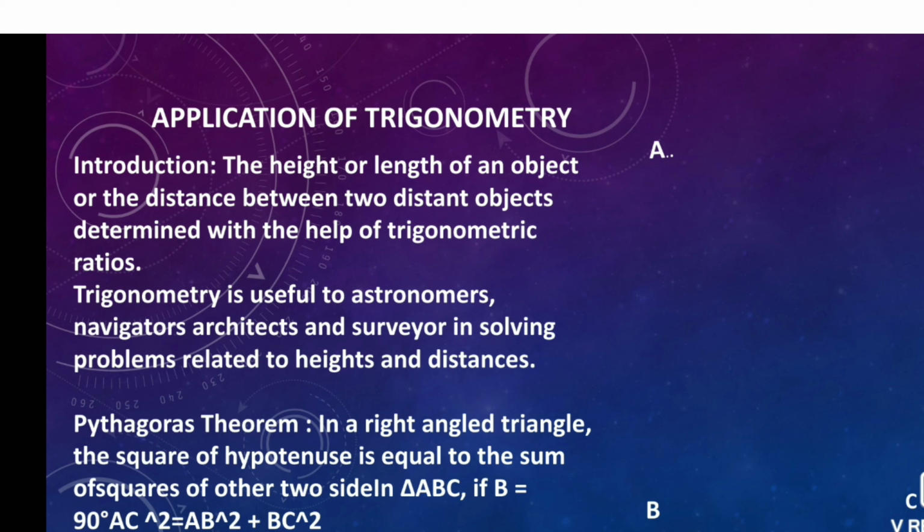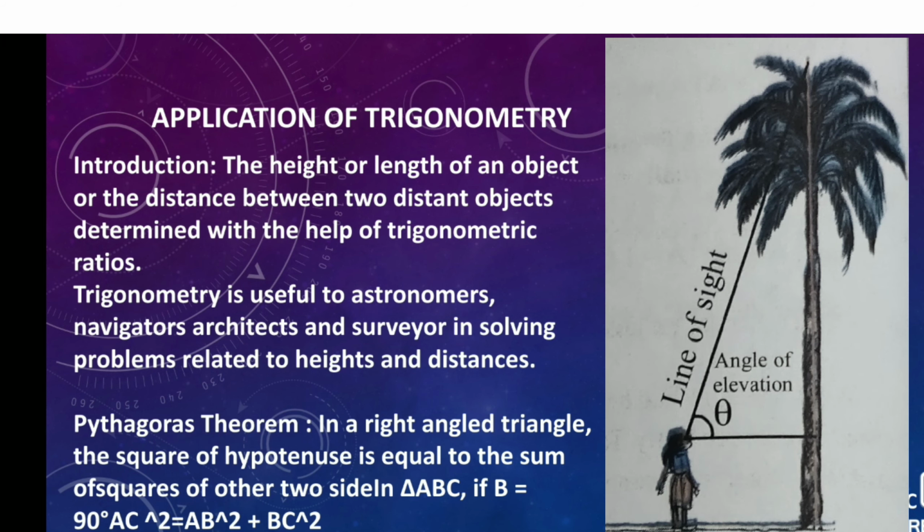To understand these examples, let us take a small story. Vijaya wants to find the height of a palm tree. She tries to locate the topmost point of the tree. She also imagines a line joining the topmost point and her eye. This line is called the line of sight, as we all know.